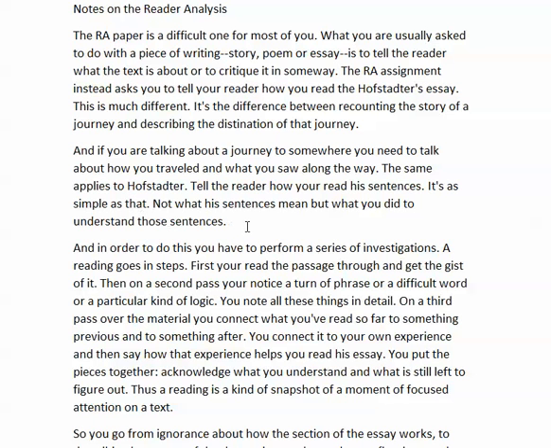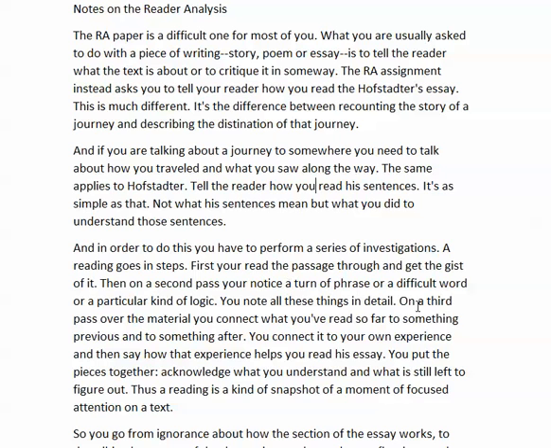The same applies to Hofstadter. Tell the reader how you read his sentences. It's as simple as that. Not what his sentences mean, but what you did to understand those sentences.